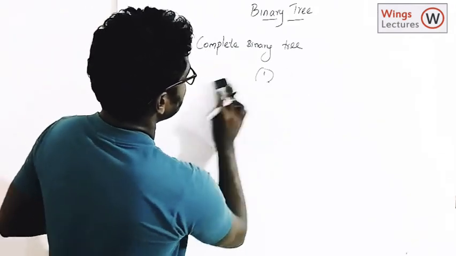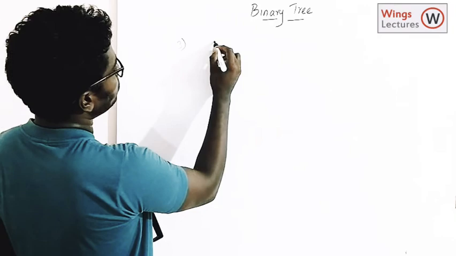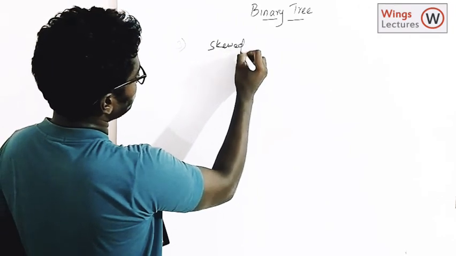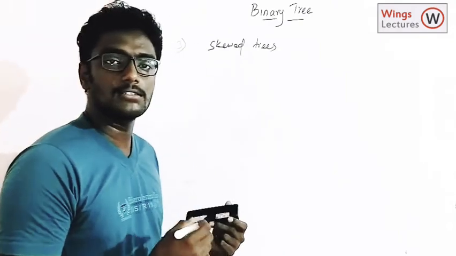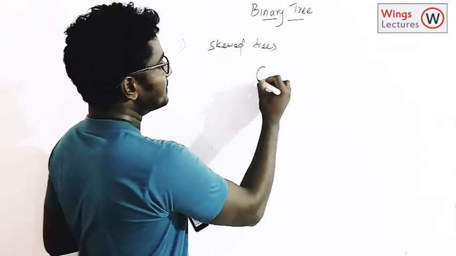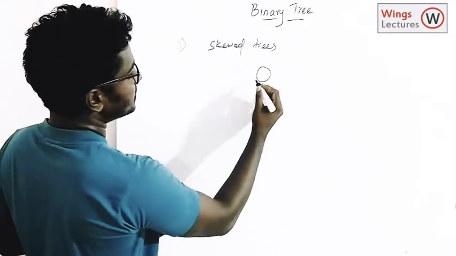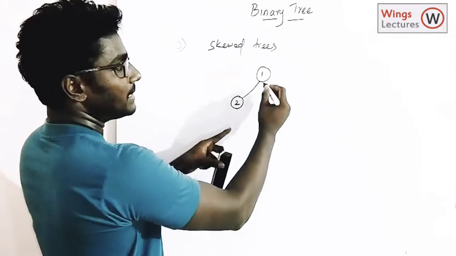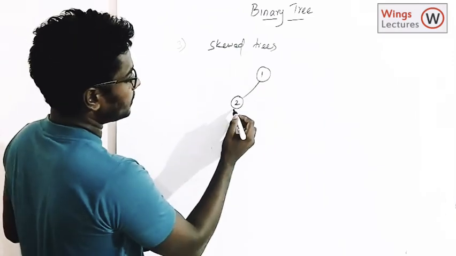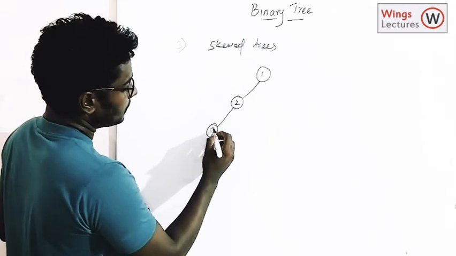The next one is skewed trees, which means we insert the data on any one side, either on the left side or the right side. Let's see here. I'm not going to insert on the right side of 1. I'm going to insert on the left side of 2, the left subtree of 2.